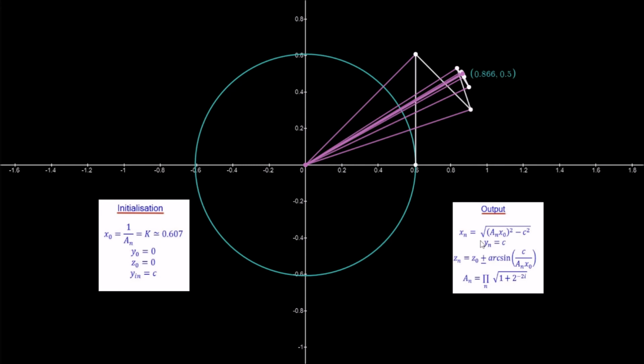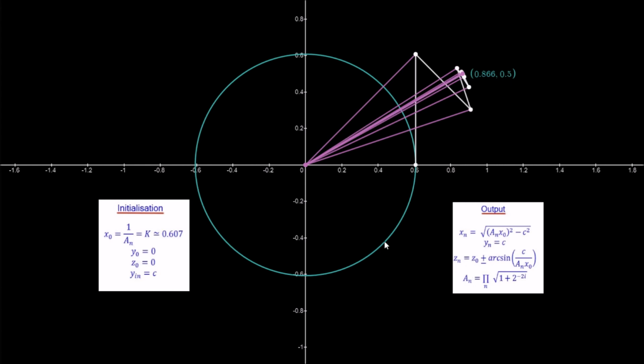So xn is equal to the value here, which is our hypotenuse. So our hypotenuse is going to be An x0 squared, and the y value is simply the value of our height here. In our example, it was a value of 0.5. And the final value for our yn is just the height here, which is just the height 0.5.